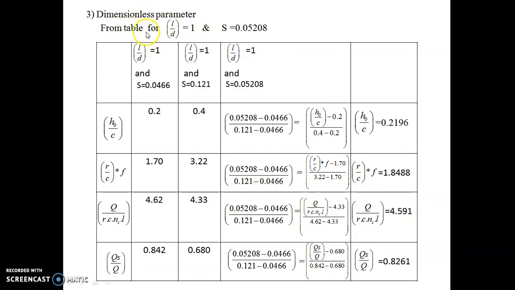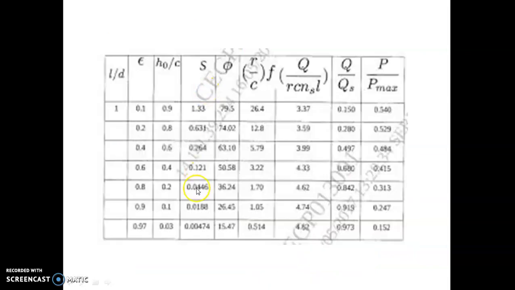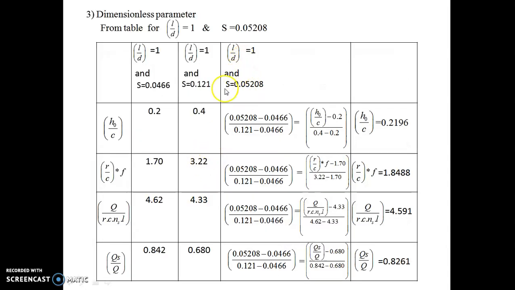So we have L by D equal to 1 and Sommerfeld number 0.05208. I have prepared a table: L by D equal to 1 and Sommerfeld number 0.0466, L by D equal to 1 and Sommerfeld number 0.121. So these values 1 and 2, and L by D equal to 1 and S equal to 0.05208.